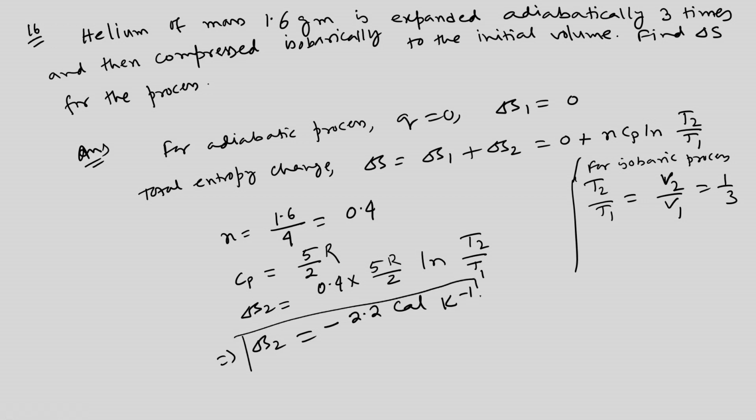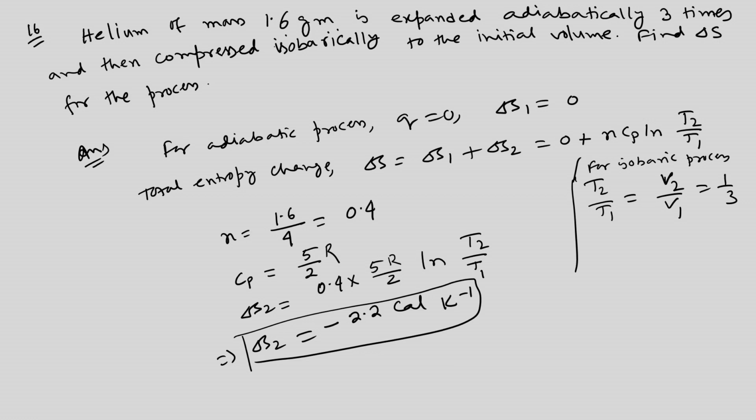Okay. So, the problem is a little bit modified now. Helium of mass 1.6 gram is expanded adiabatically 3 times and then compressed isobarically to the initial volume. Find the delta S for the process.